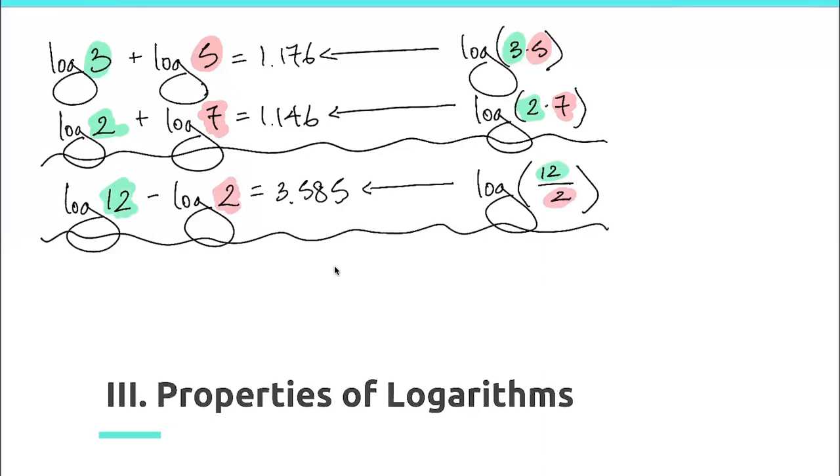All right, one last one. Log of 2 to the third. Let's see what that equals. I'm getting 0.903.